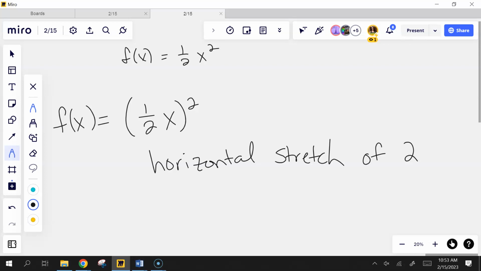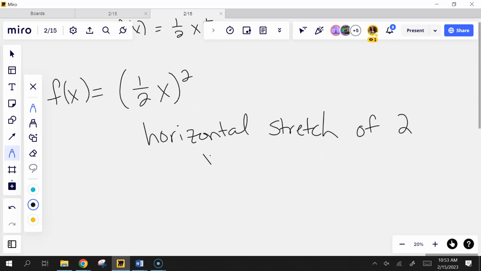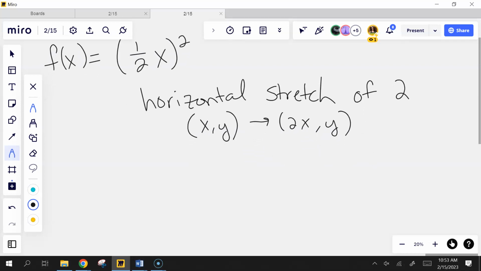All right, so now what this says is take every point on the parent. Every x gets multiplied by 2, and every y stays the same. Even though this says a half, it gets multiplied by the flip of that. So now, think about the parent. On the parent, I have 0, 0, 1, 1, and 2, 4, right?